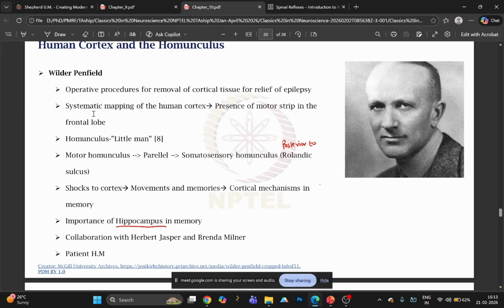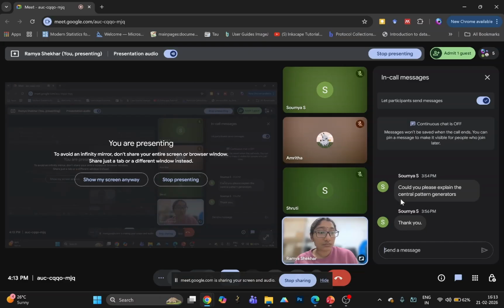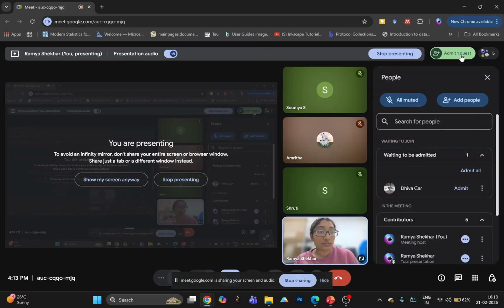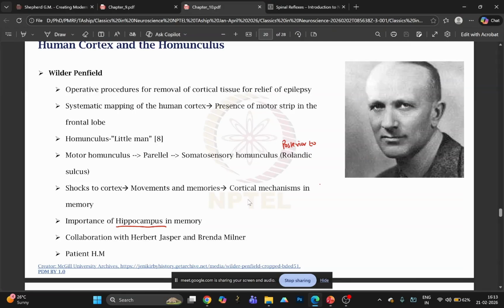He, in fact, carried out various operative procedures. So he carried out various procedures for removal of tissue from the cortex for relief of epilepsy.